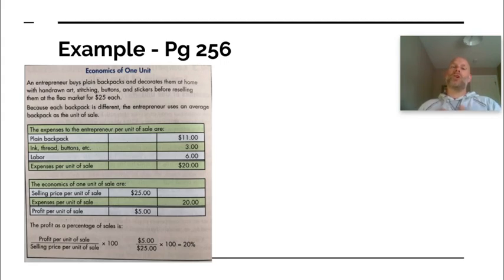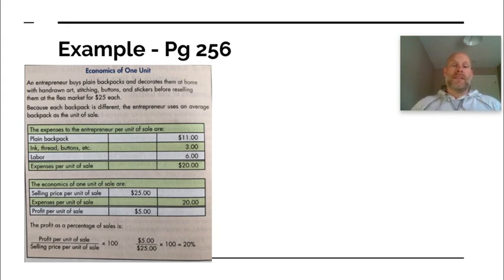There's actually a good example on page 256 of your book. Economics of one unit. Let's go through this together. The example is an entrepreneur who buys backpacks and then decorates them with hand-drawn art and stitching and that sort of stuff, and sells them at a flea market for $25 each. Now, this is a very simple example, but it breaks down the individual costs.